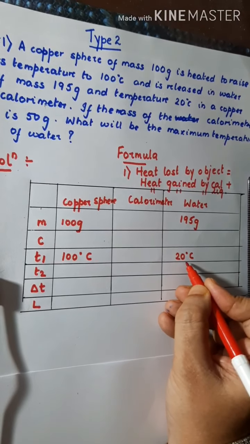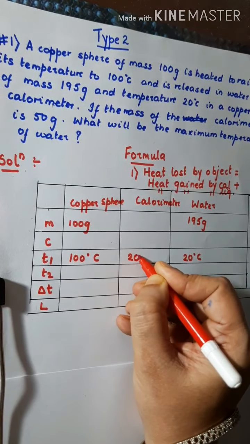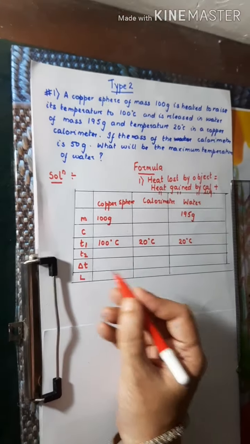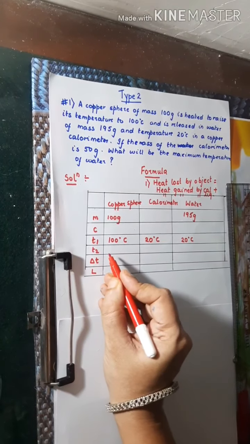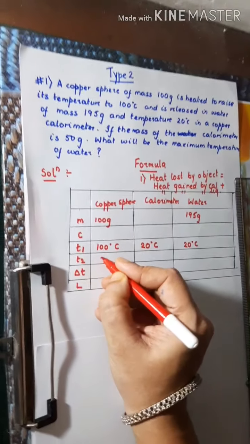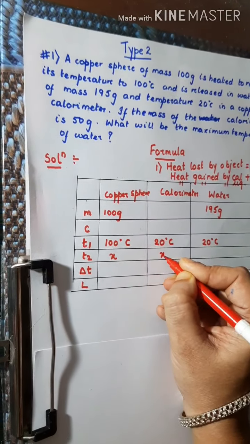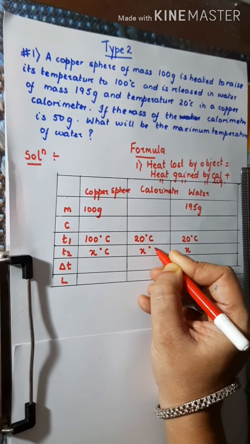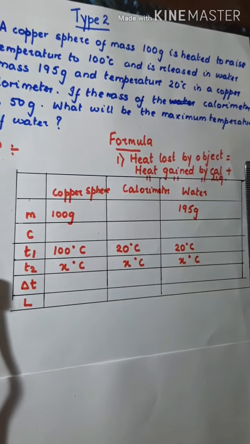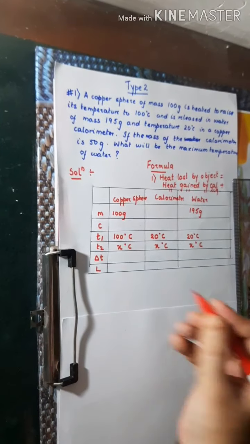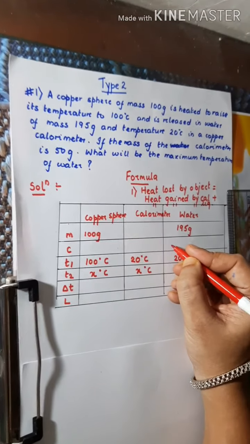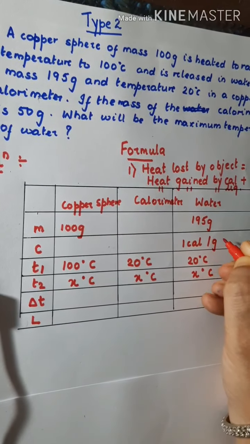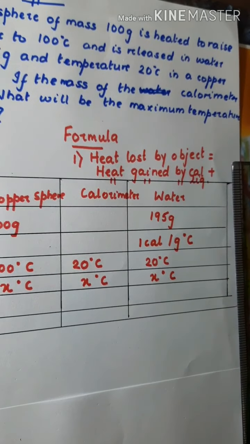Now, whatever is the temperature of the water, the same will be the temperature of the calorimeter, 20 degrees Celsius, right? Now, what about T2? The temperature attained by the copper sphere, the calorimeter, and the water will be the same. Let us take it as X degrees Celsius. Now, what about specific heat? From all these, we know that the specific heat of water is 1 cal per gram degree Celsius.